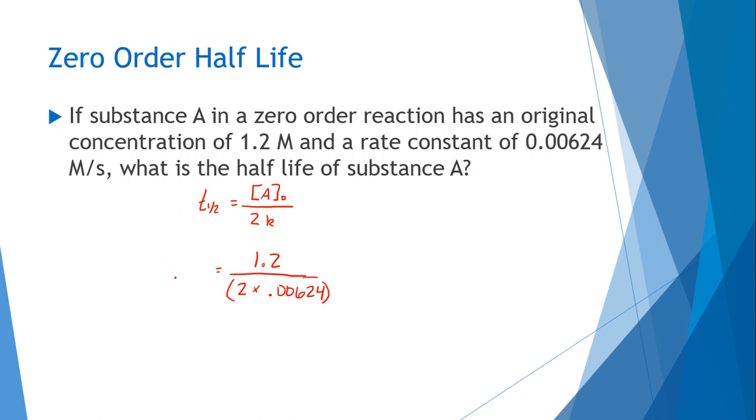And this is all going to equal my half-life, which is what it's asking for me to find. Here, we're going to combine like terms, 2 times my rate constant, and then I can take 1.2 divided by whatever number I get, and you should get x equals 96.15384615. Again, I want to round to 2 sig figs, so x equals 96.